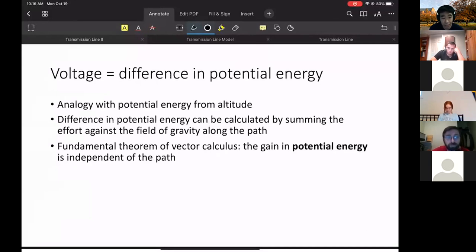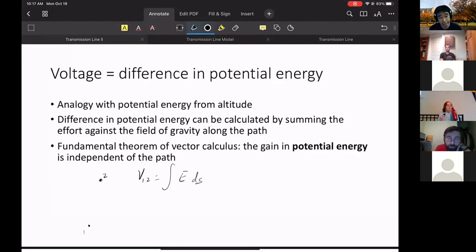So all we have to do for voltage is take the integral of the electric field. For example, if you go from point 1 to another point in space, point 2, then the voltage between those two places is just the integral of the electric field between these 2 points.